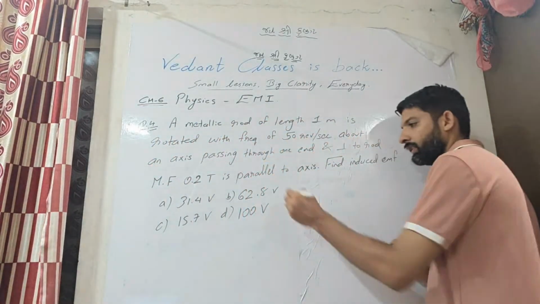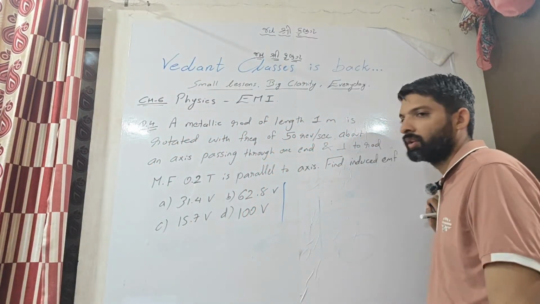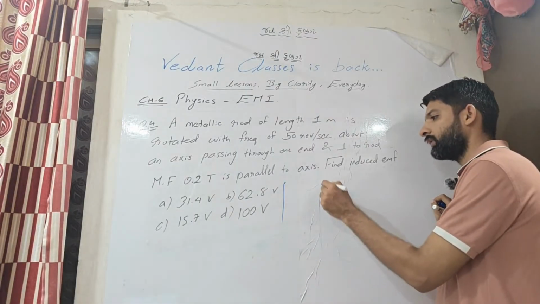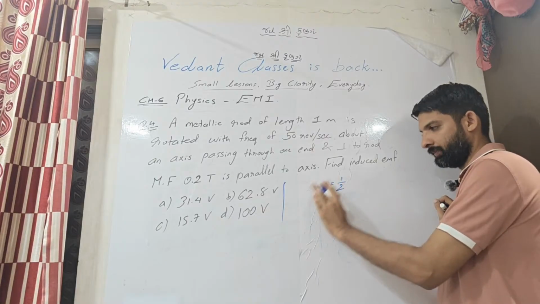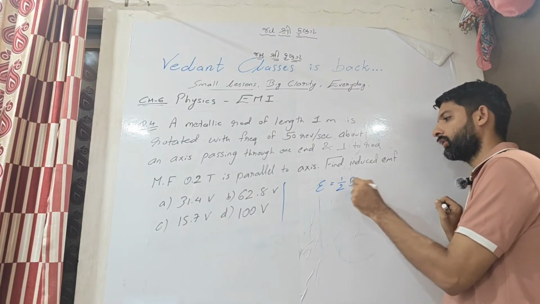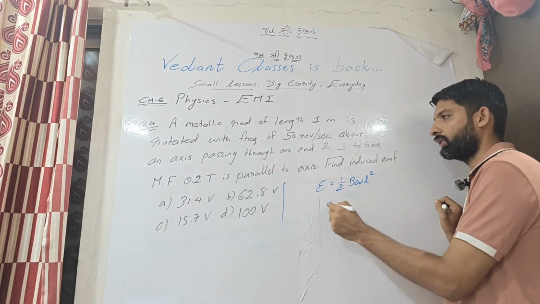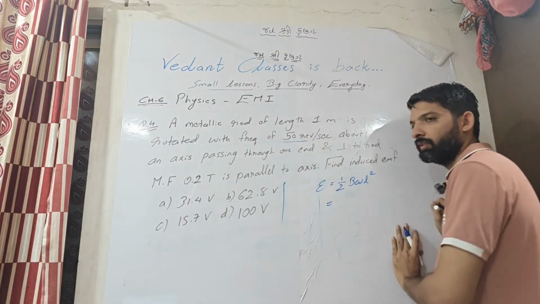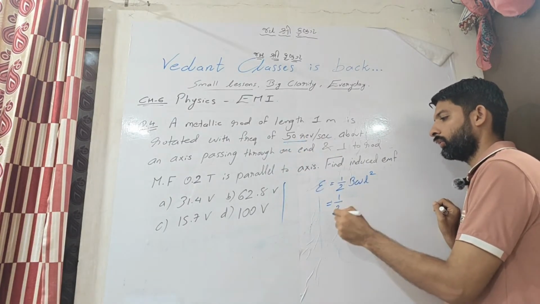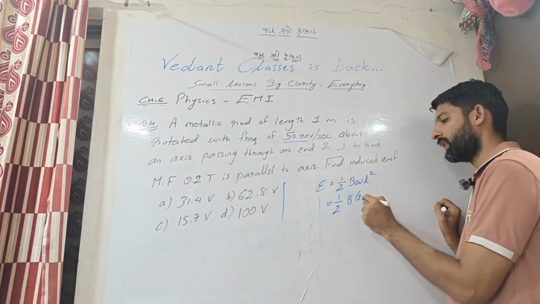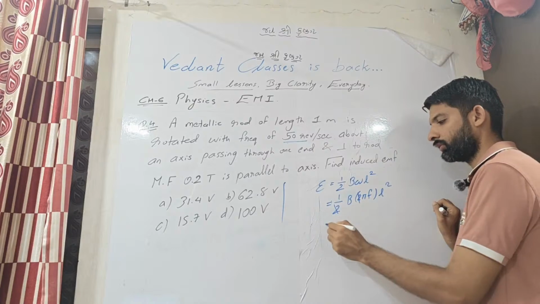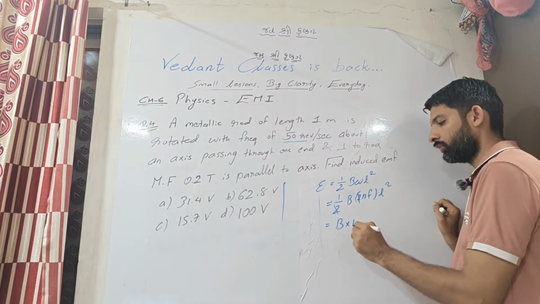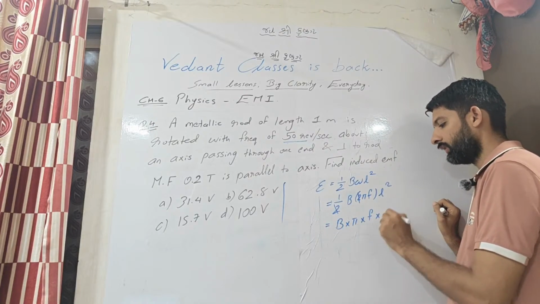We have derived different forms for this equation. Epsilon is equal to 1 half B omega L square. But here you can see frequency is given. So 1 half B into 2 pi F into L square. So you can cancel this. So B into pi into F into L square.